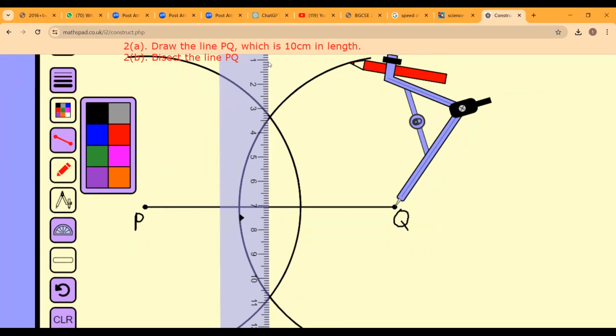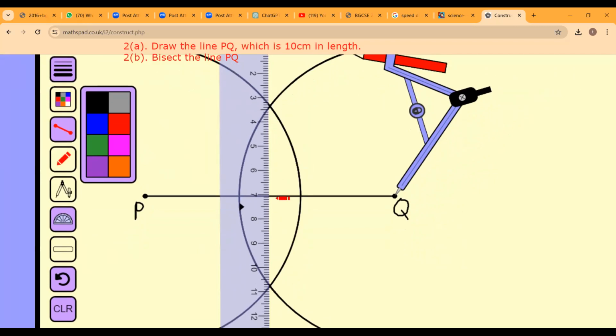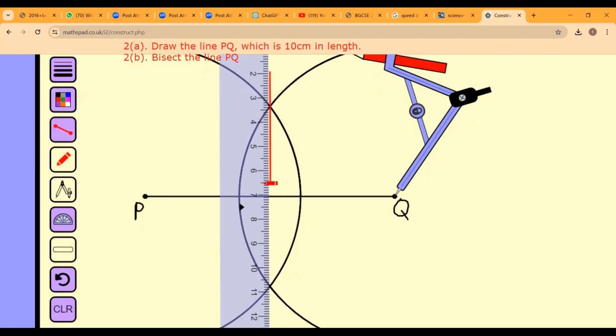And so we're gonna draw a line directly through it, like so. So we have a line straight in the middle. There we go. Let me see it.